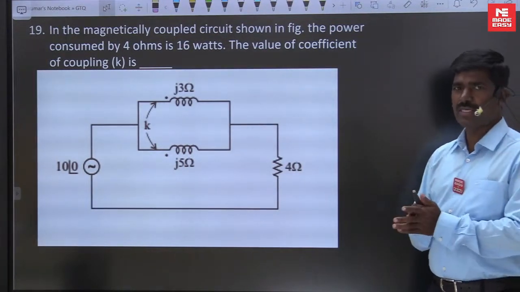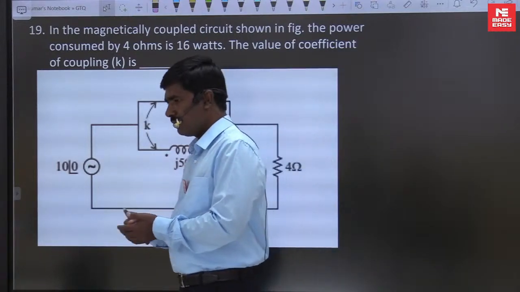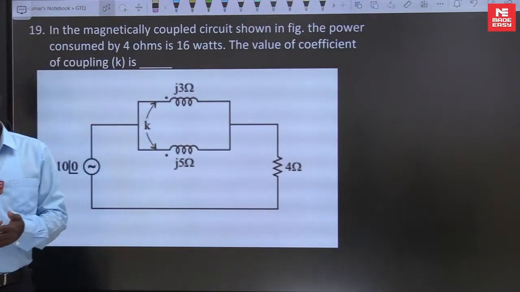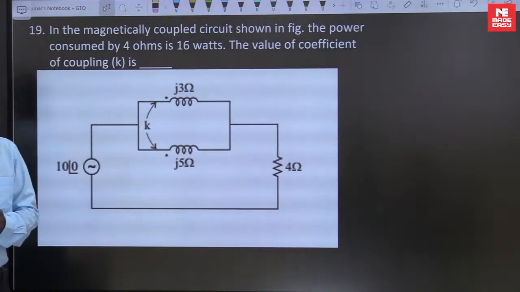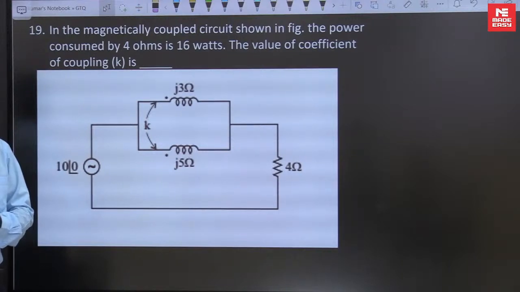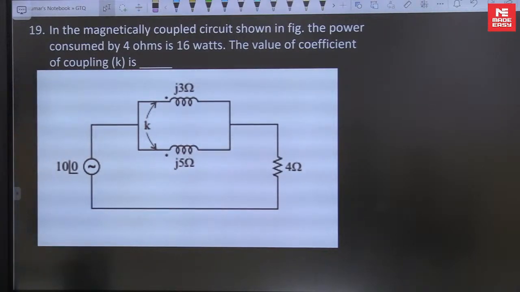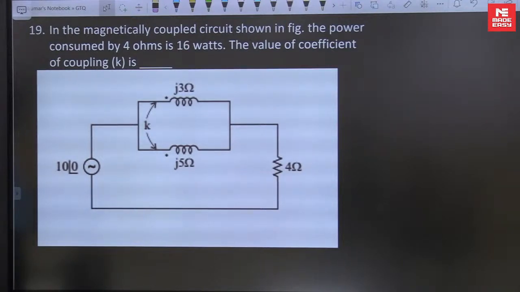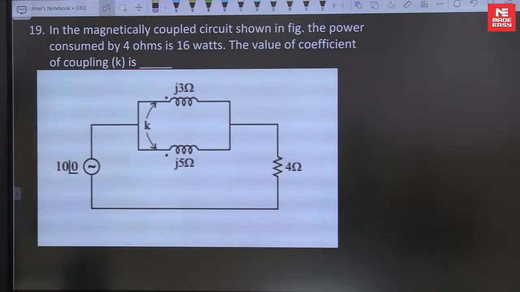The source is equal to 9 amperes. Bottom one is the ground. Okay.